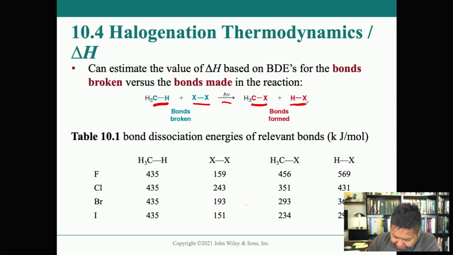And so I want you to notice something here. There's chlorine and bromine right here, and they are kind of similar with their numbers as far as their bond formings and breakings.